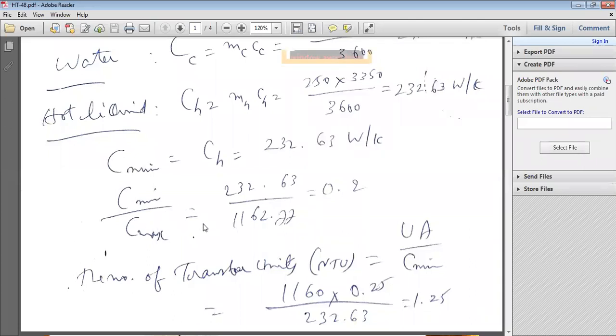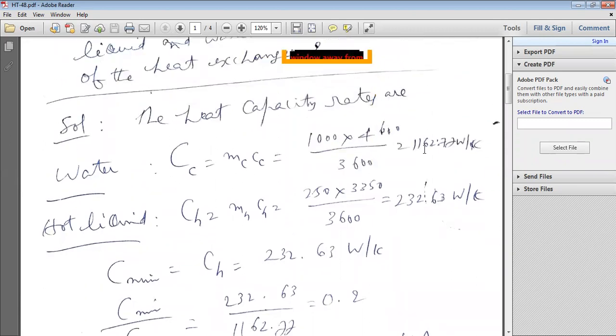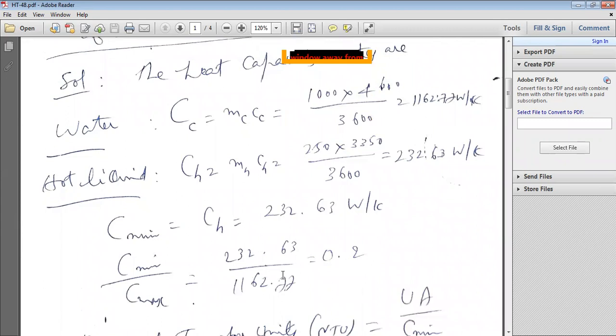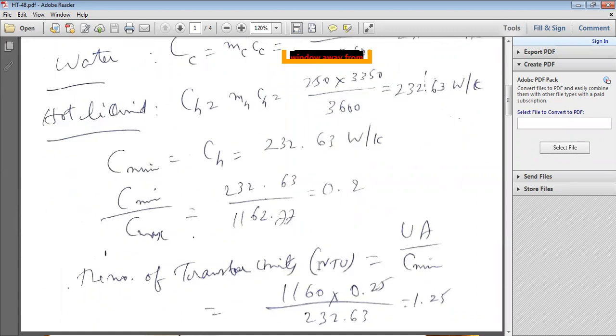That is equal to C minimum value 232.63 divided by C maximum value, here this is 1162.77. 232.60 divided by 1162.77. That value will be around 0.2.